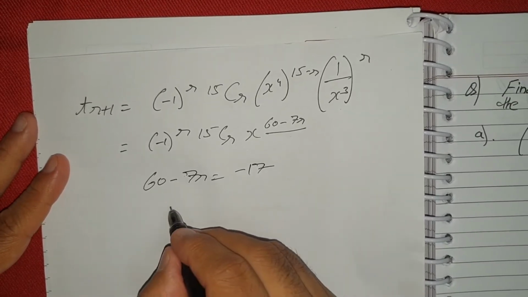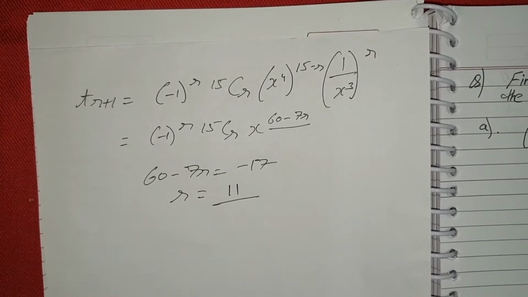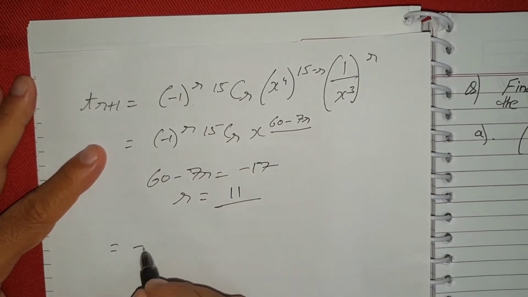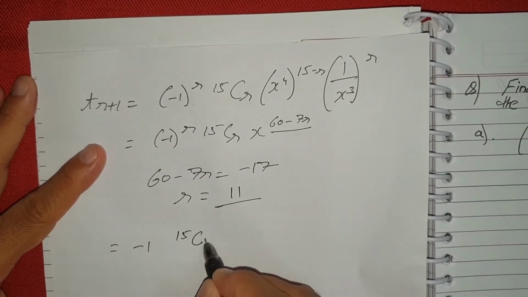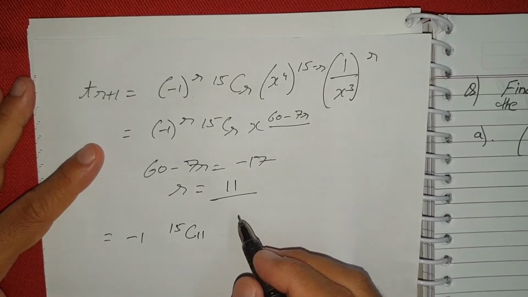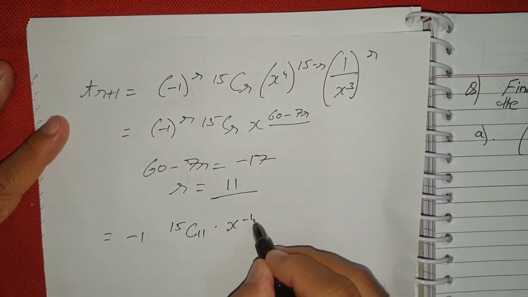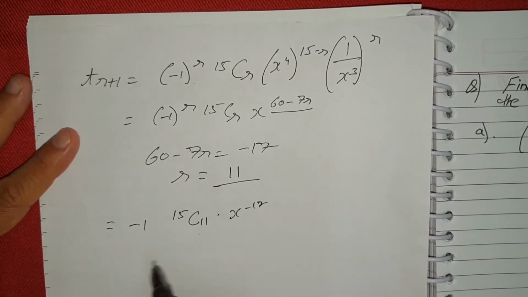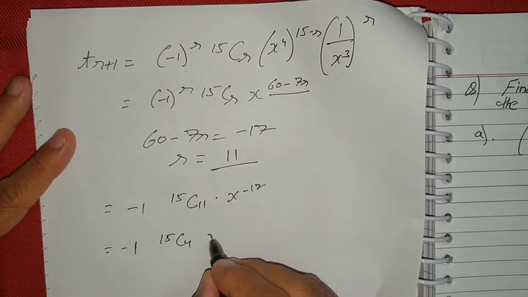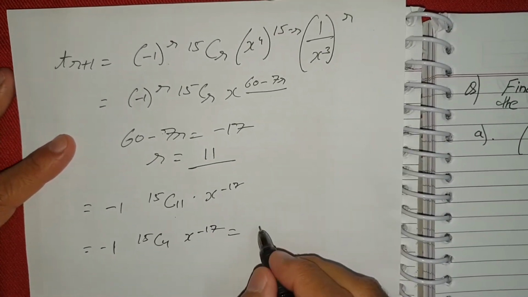You get r as 11. So we just have to substitute r equals 11. Now this is negative, minus 1 to the power 11, 15 C11 into x to the power minus 17. Actually 15 C11 we can write as 15 C4 only, and we have done the value of 15 C4.